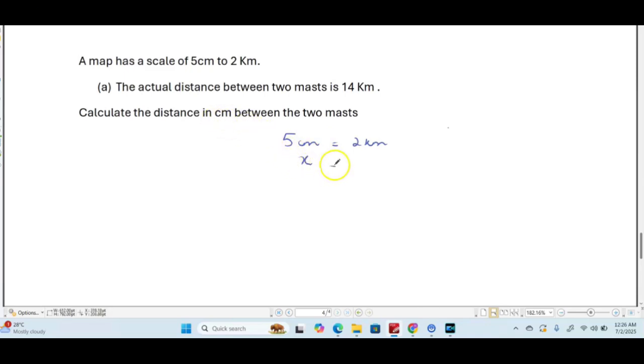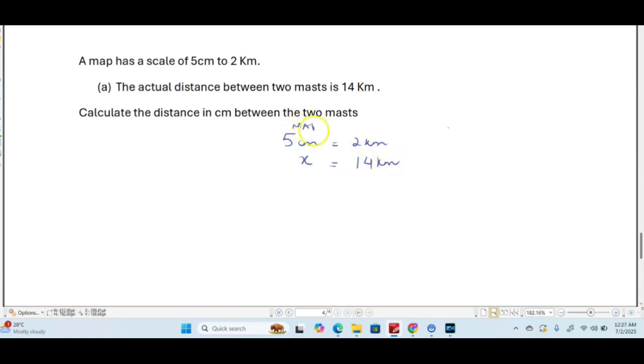You will just write, we haven't been given any scale or anything. So this is how we do this type of question. Since there was no such question like this in the past papers, but such a question can always come in, so it's always nice to do such a question. And in actuality, it's 14 kilometers.